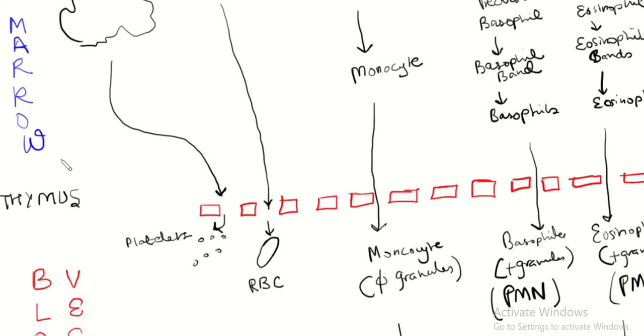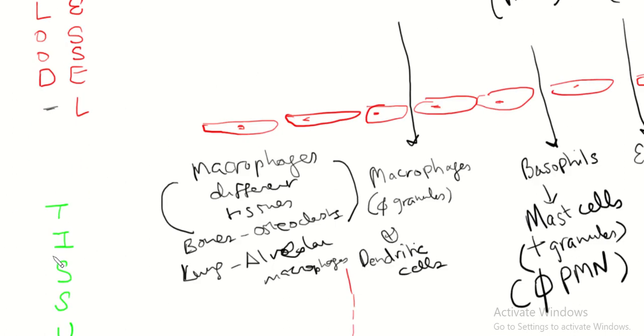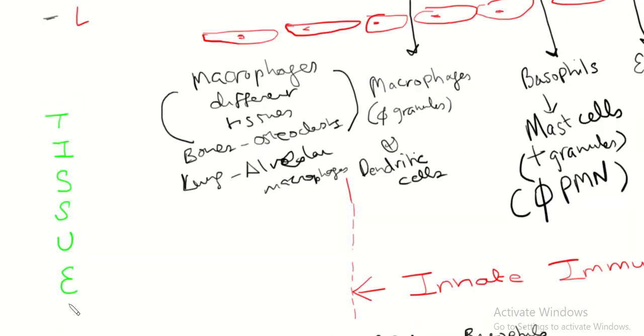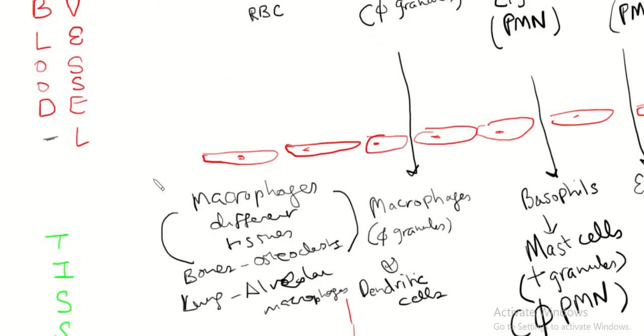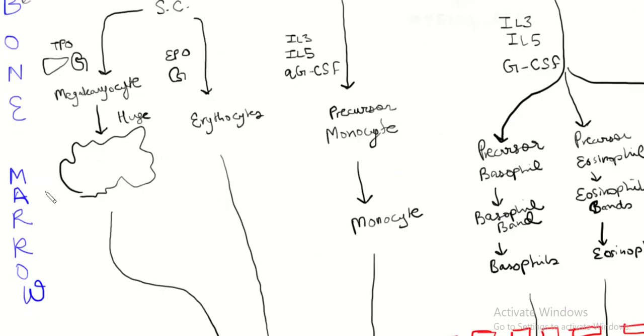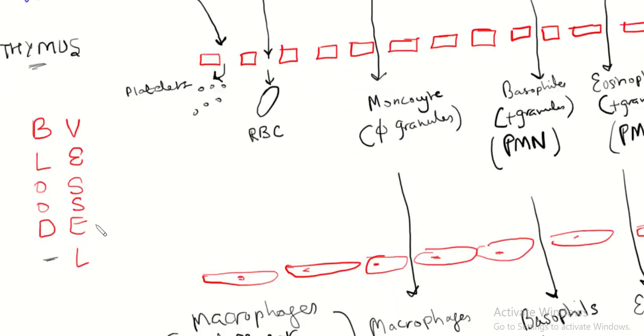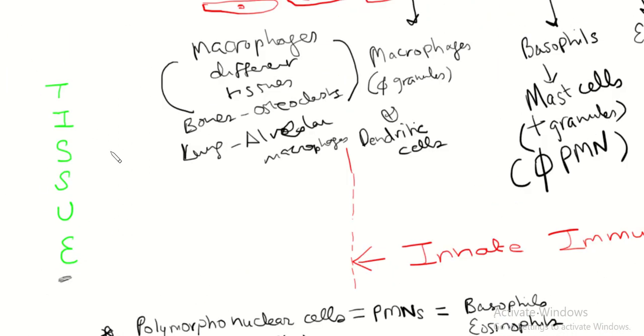So we're going to start here. All of it starts in the bone marrow. Then some cells go to the thymus gland, and then it goes to the blood vessels, and then it goes to tissues. That's how I've broken it up. You have three steps. All the WBCs get generated in the bone marrow. Some of them mature in the thymus. They go into the blood vessel, and then they get into the tissue where they act.